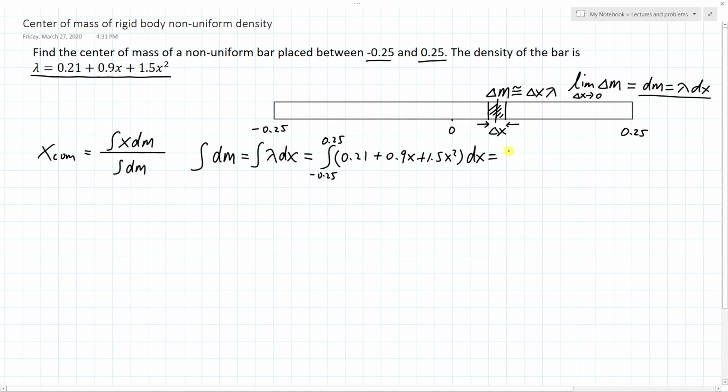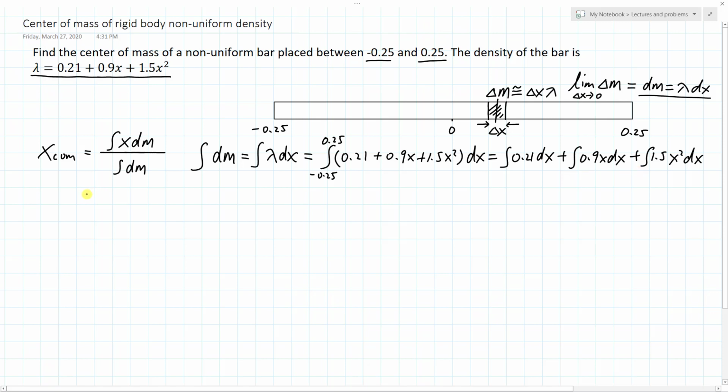The first one is the integral of 0.21 dx. That gives you 0.21x. The next one is the integral of 0.9x, which gives you 0.9x squared over 2. And then the integral of 1.5 x squared dx gives you 1.5 x cubed over 3. I'm skipping the limits just to save some time.